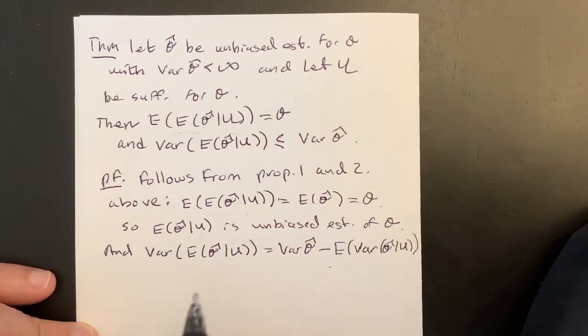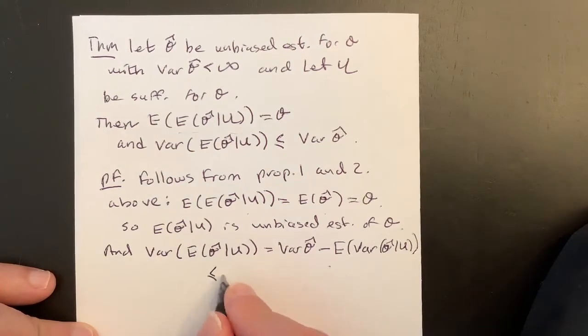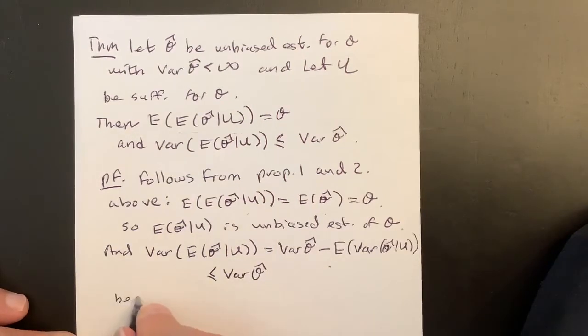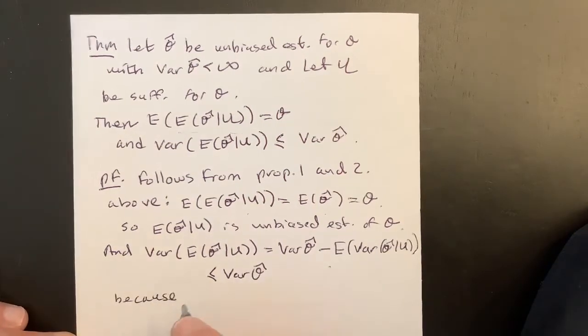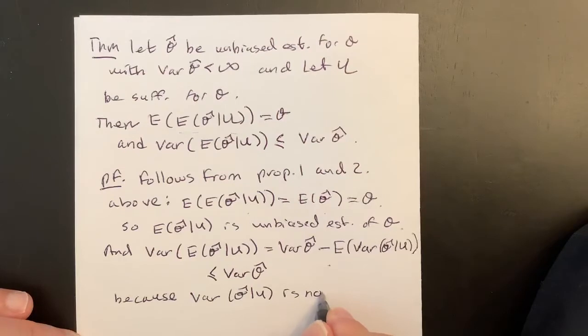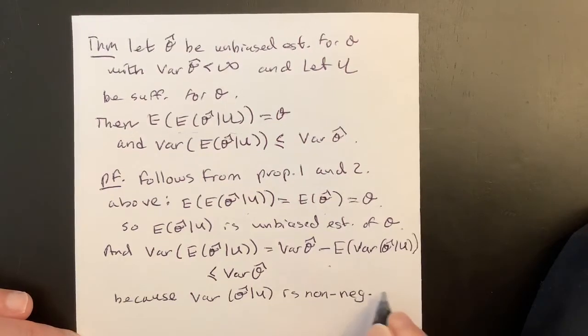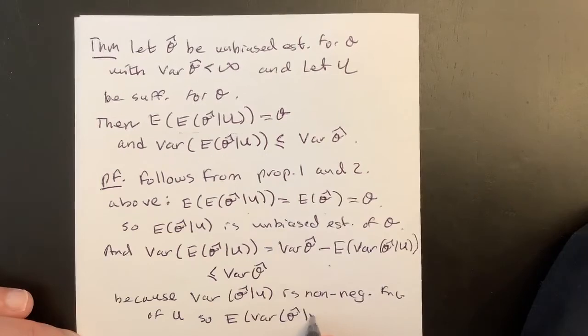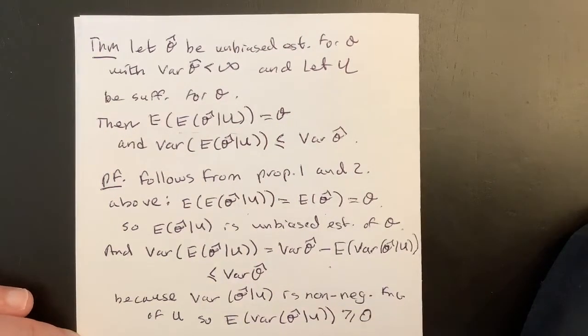But this must then be less than or equal to the variance of theta hat, because variances are non-negative. The variance of theta hat given U is a non-negative function of U, so E of the variance of theta hat given U must be greater than or equal to 0.